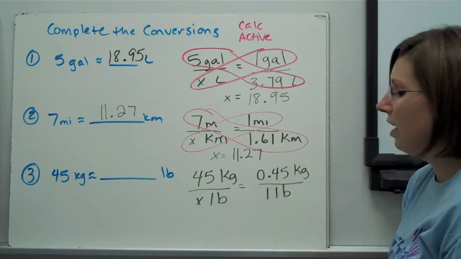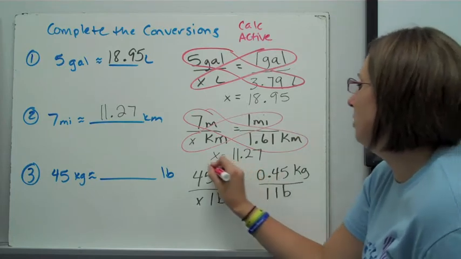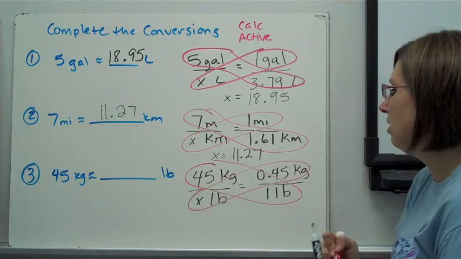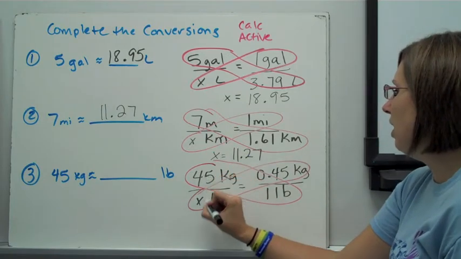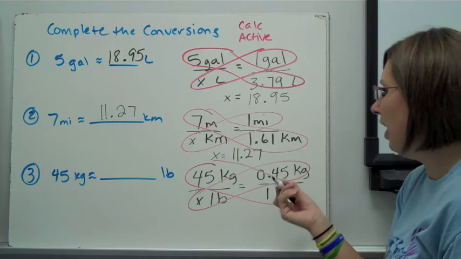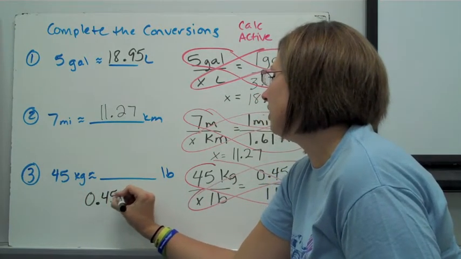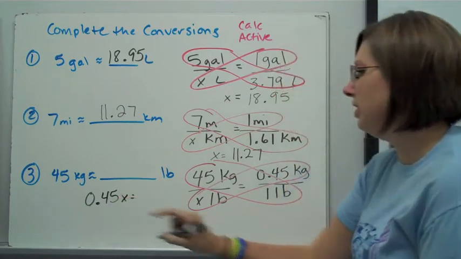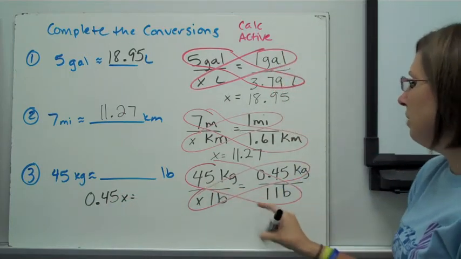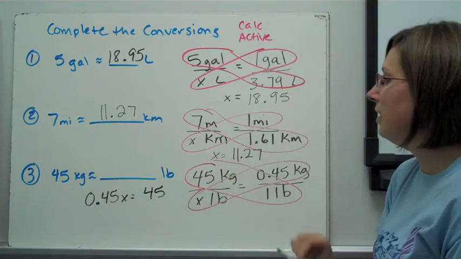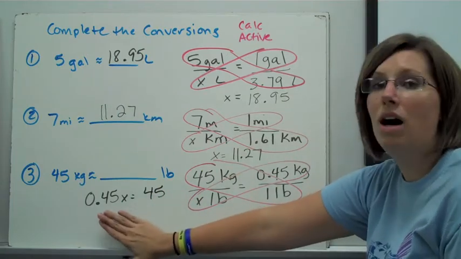Once you have all of this set up, we're going to cross multiply, kind of ignoring my units for now. Okay, so x times 0.45 is 0.45x, or 45 hundredths times x. 45 times 1 is just 45. Now this problem is different than the other problems I've just completed because x is not by itself.